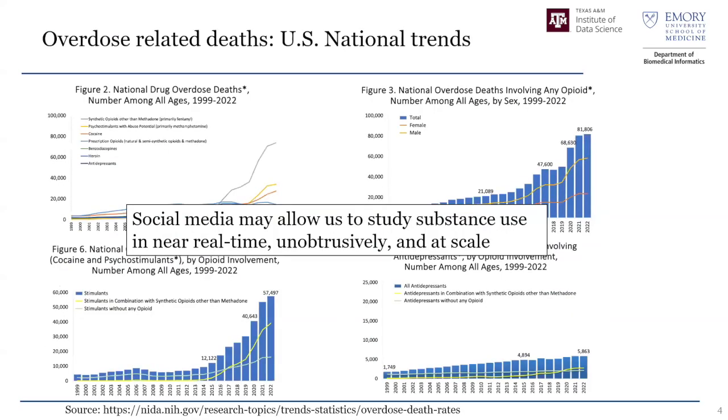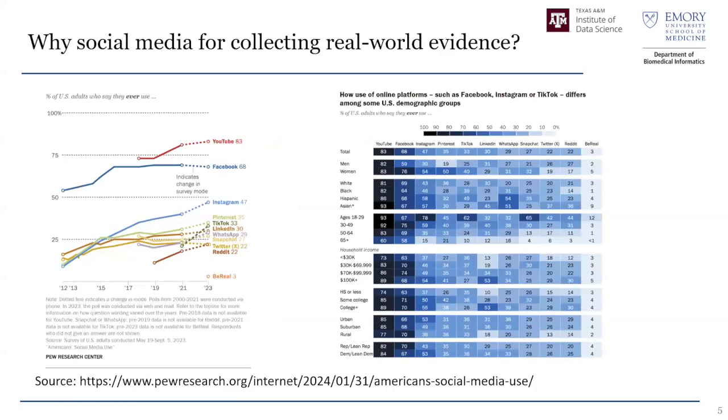Anyway, why social media then? Of all the different data sources, why do we want to use social media to study substance use or anything? And the answer is pretty straightforward. Social media adoption is at an all-time high now, right? More people are using social media than ever before.